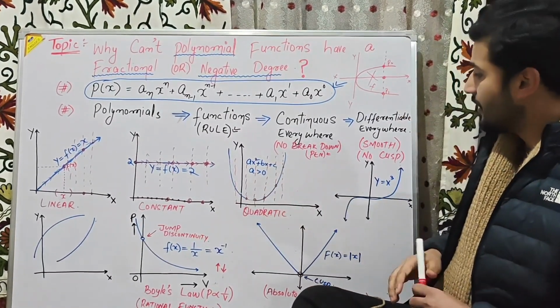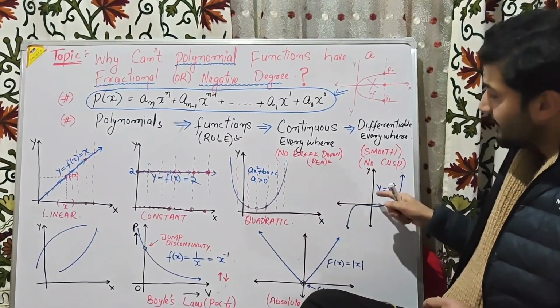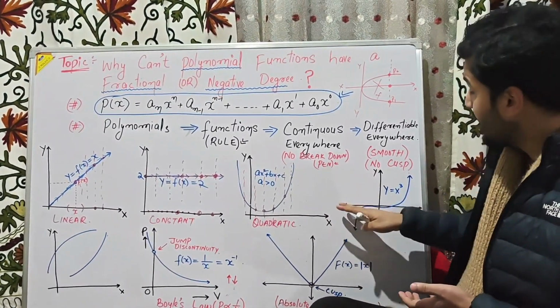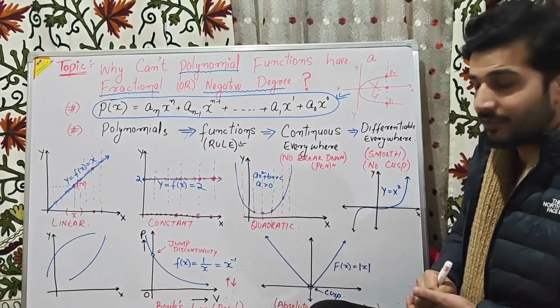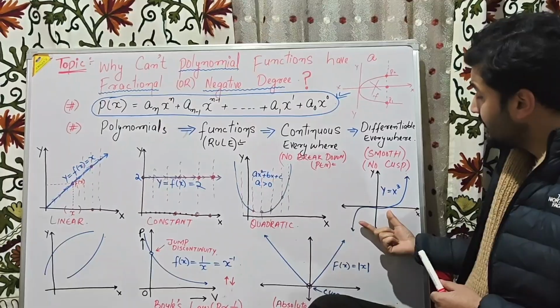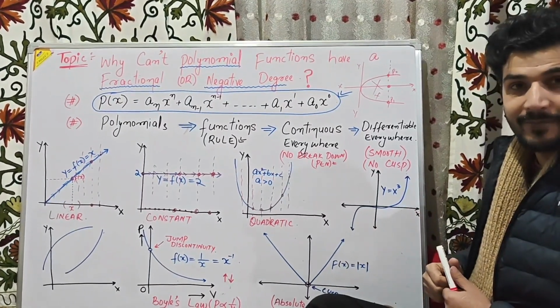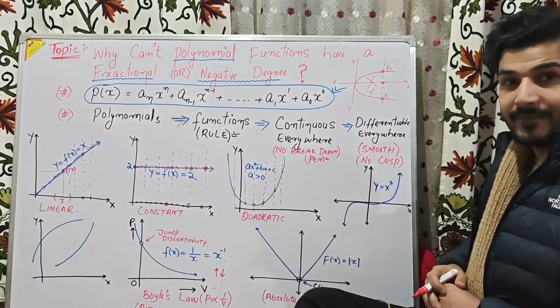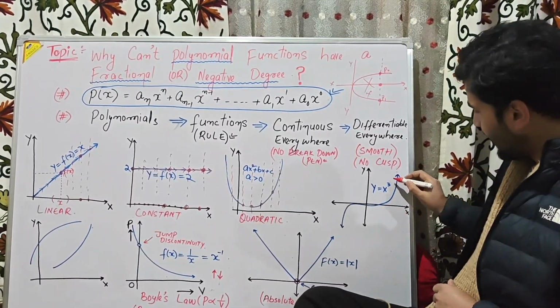Okay. So now moving to another graph of a function. This is the graph of a cubic function. And what is the beauty of this cubic function? This cubic function is a function by the vertical line test.